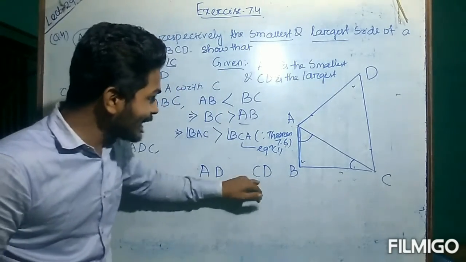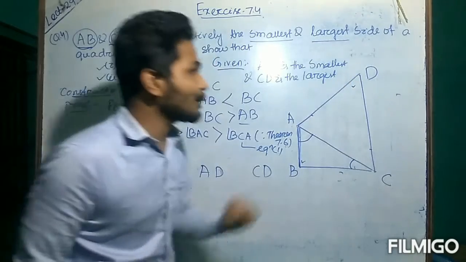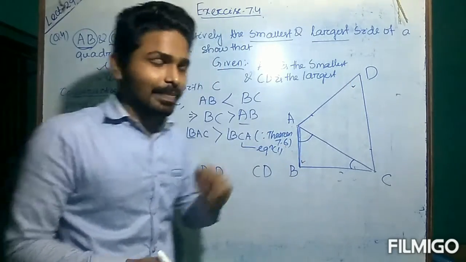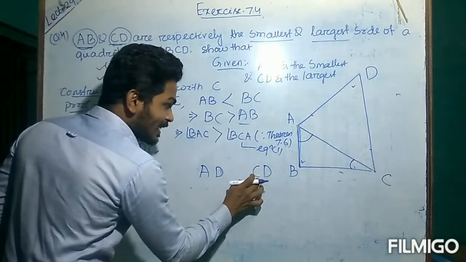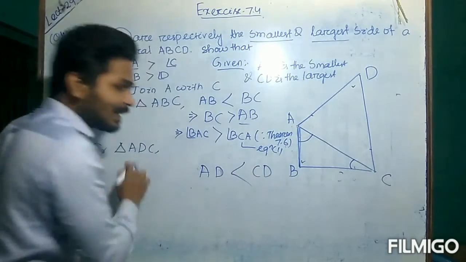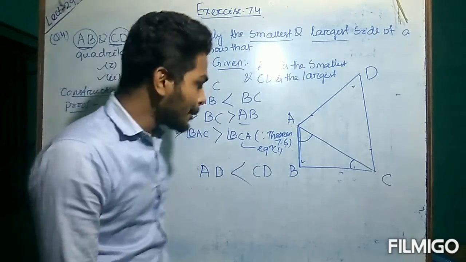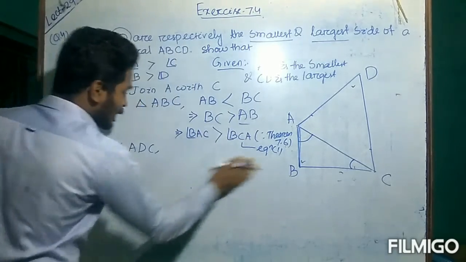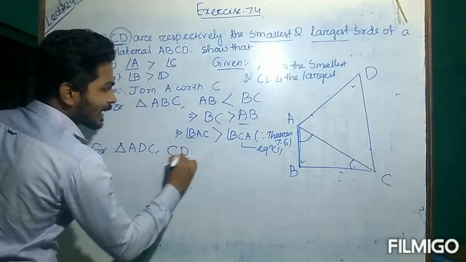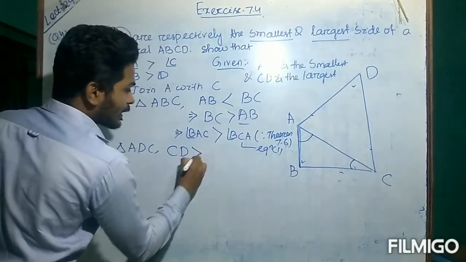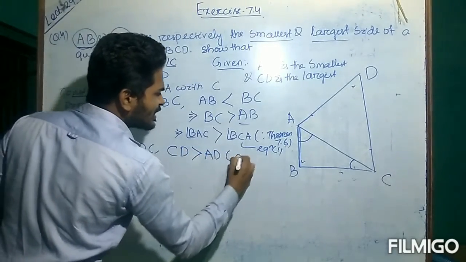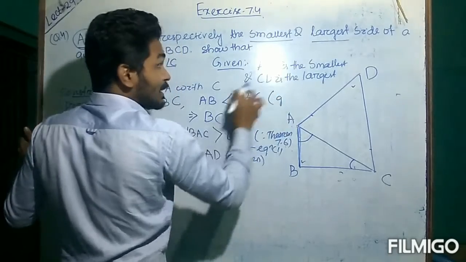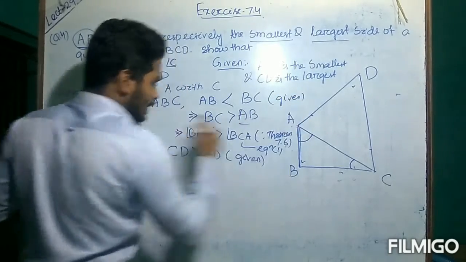So we are considering AD and CD. We know CD is the largest side in length. That means CD must be greater than AD. So we can simply write that CD is greater than AD. Why? Because it is already given that CD is the largest, and here also AB is the smallest.